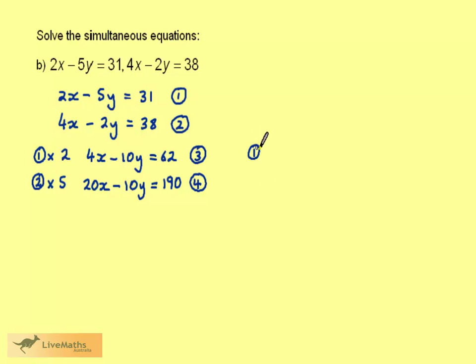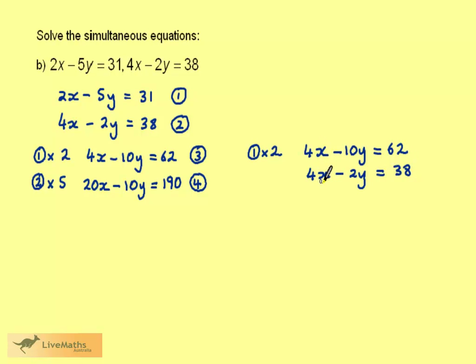An alternative is to multiply equation 1 by 2, as we did before, giving us 4x minus 10y is equal to 62. Then equation 2 is 4x take away 2y is equal to 38.